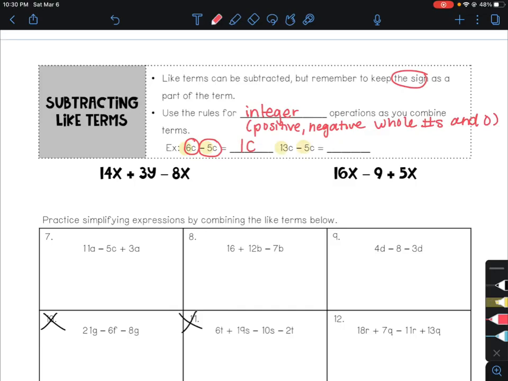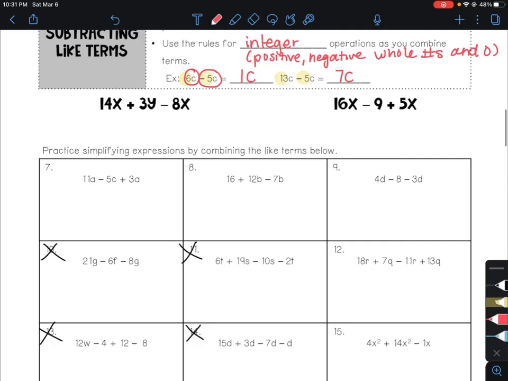So they both have the c, so 13c minus 5c is going to be 7c. Okay, and just in case you don't believe me on that, for example, with the 6c minus the 5c, 6c would mean 6 c's being added. If we take away 5 of those, we just have 1 left, and that's what's really happening there.